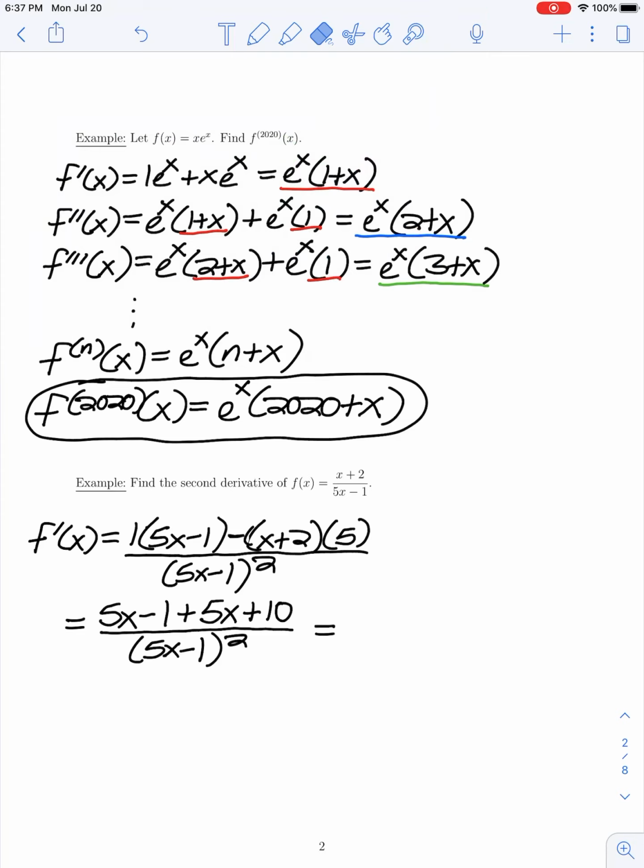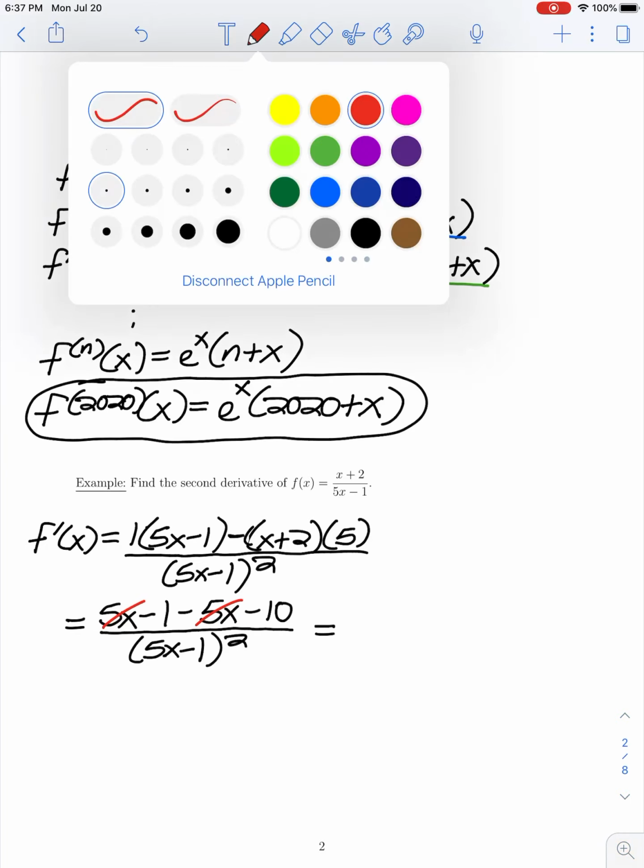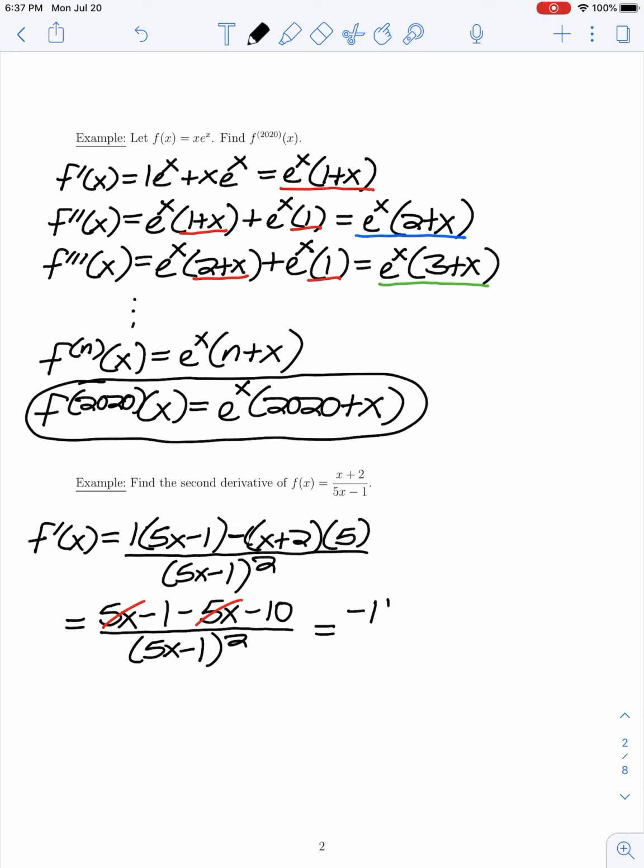So here, when I distribute, this should be a negative 5x minus 10. So simplifying, we have a 5x and a minus 5x, which cancel, and then a numerator of negative 1 minus 10, or negative 11, over 5x minus 1 quantity squared.